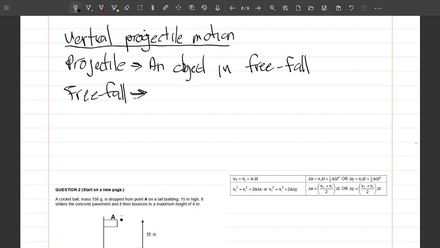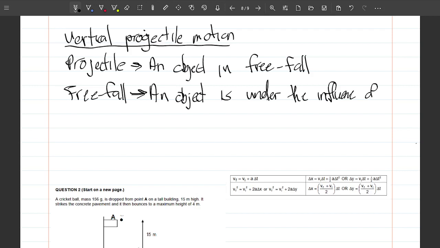Free fall is the concept where an object is under the influence of only gravity. So if I throw an object, that's not a projectile, but if I release it from the top of a building, I've not applied any force, I've released it, then it's a projectile because I have not applied a force of any magnitude over it.